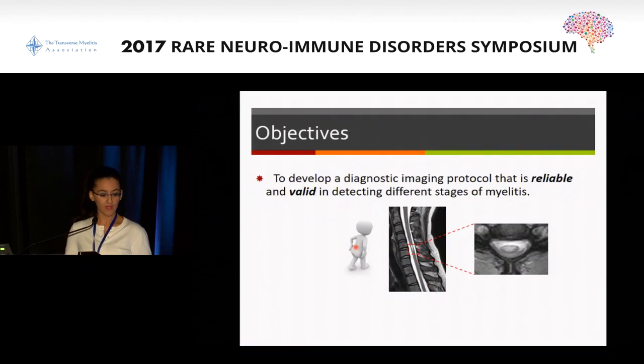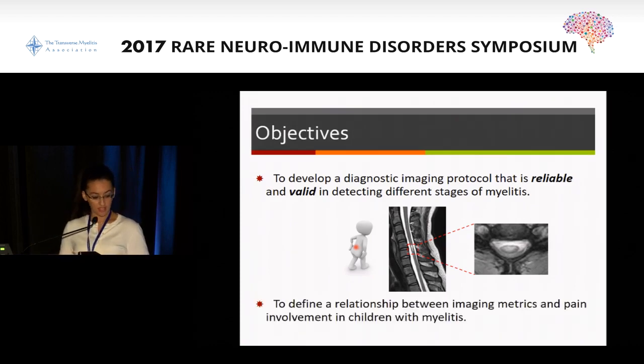So right now, the goal is pretty simple: to develop an imaging protocol that is sensitive to detecting loss of myelin at different stages of the disease, from acute and subacute to chronic. Additionally, define if there's a relationship between these imaging measures and the clinical symptoms, and especially pain.